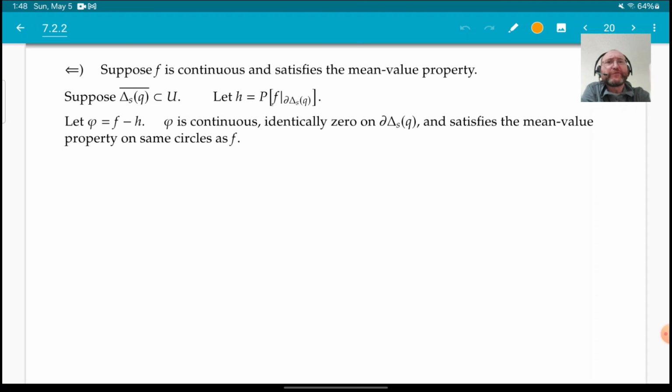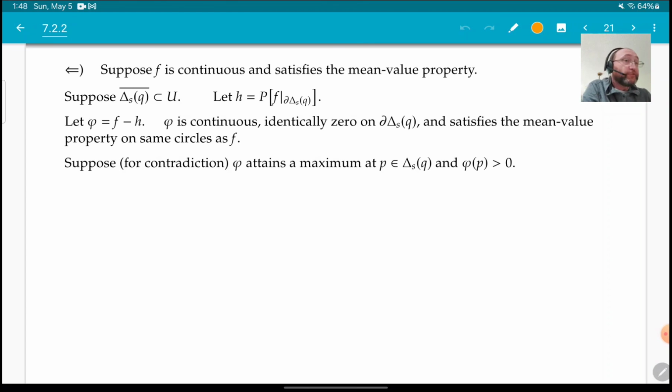So we have a phi that also satisfies the mean value property, and it's 0 on the boundary, and that's the key point. So suppose for contradiction that this phi attains a maximum somewhere inside, and that maximum is bigger than 0. It's actually positive, right?